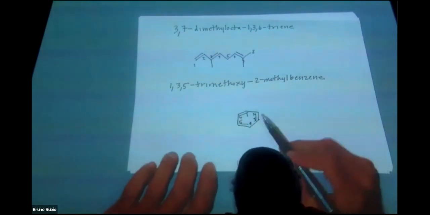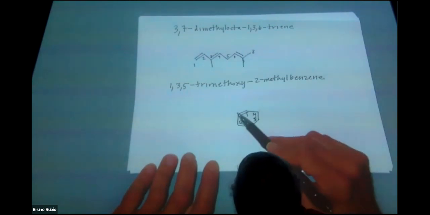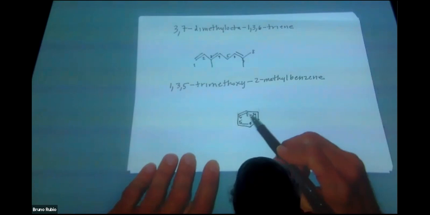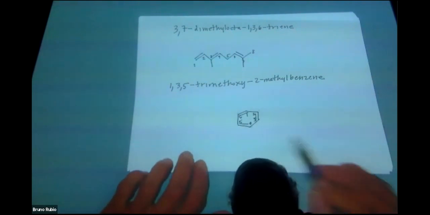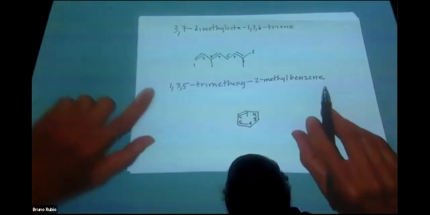I've seen people put carbon 1 up here, and carbon 2 over here, and carbon 3 over here, and carbon, no, right? It doesn't matter where carbon 1 is, but you have to number sequentially, and you have to number in a consistent direction.